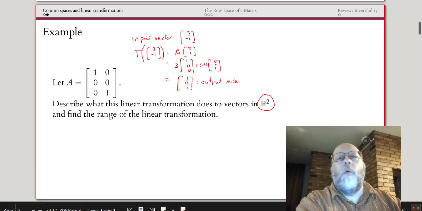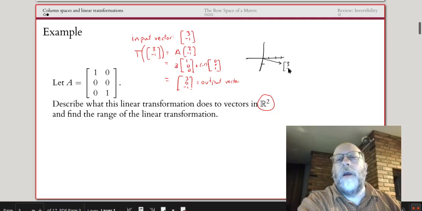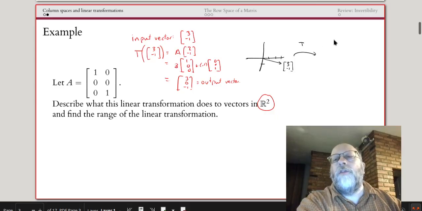And so what's happening here is that the vector 3, -1 in R2 transforms into the vector, and now we're in 3 dimensions, x, y, z: 3 in the x direction, 0 in the y direction, -1 in the z direction, so it's this vector down here, 3, 0, -1.